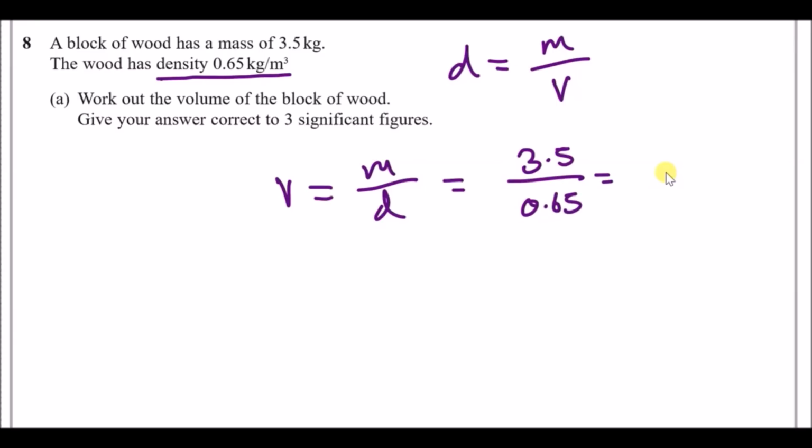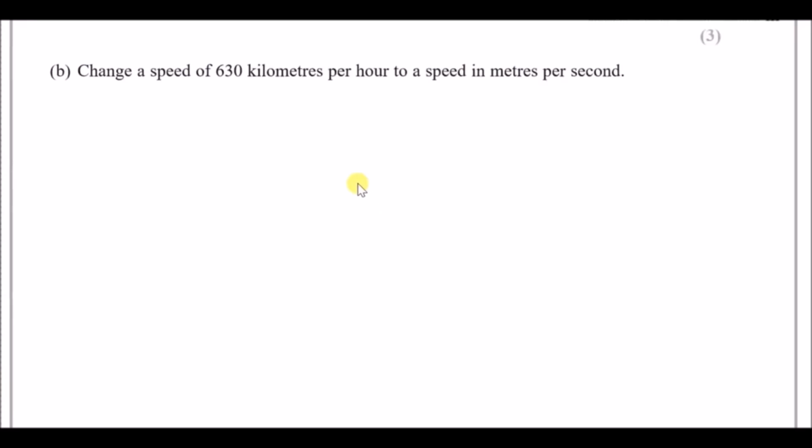So 3.5 over 0.65, and to 3 significant figures, you should get about 5.38. And this is volume, so meter cubed. So you just take the unit which you're not using. Yep, meter cubed.